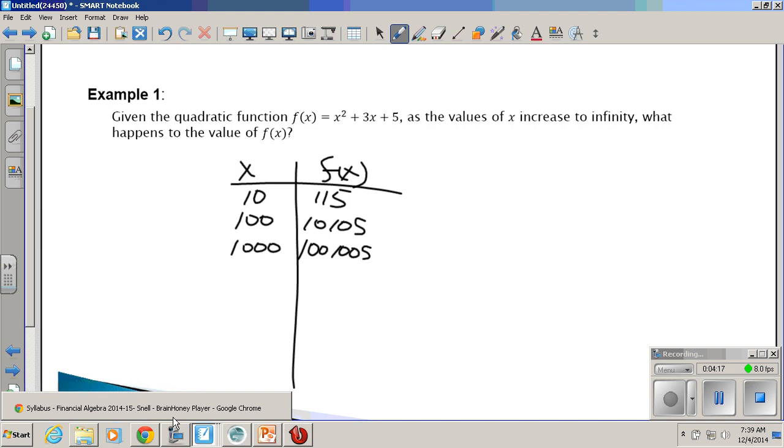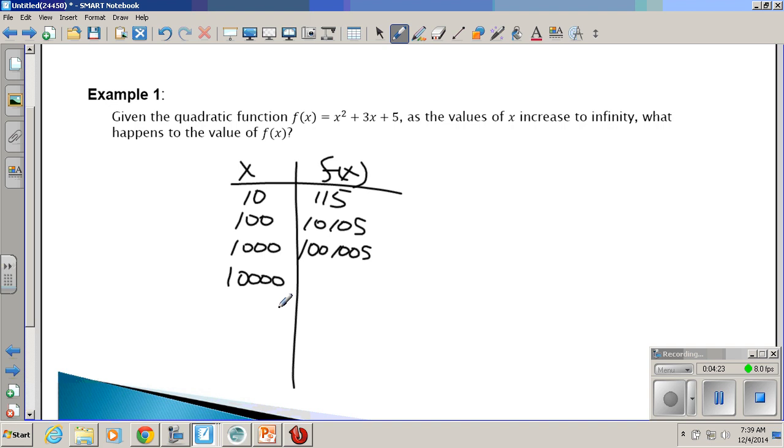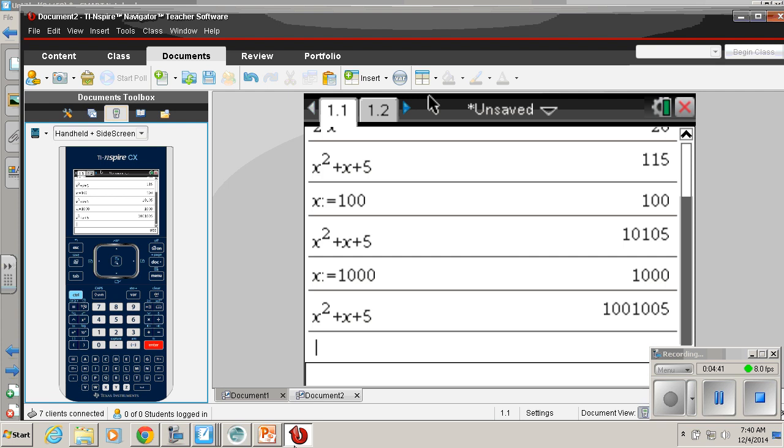Now if I continued this pattern, I put 10,000. It's going to be this number. So it's going to keep on going. Now I'm going to put 10 zeros in there.